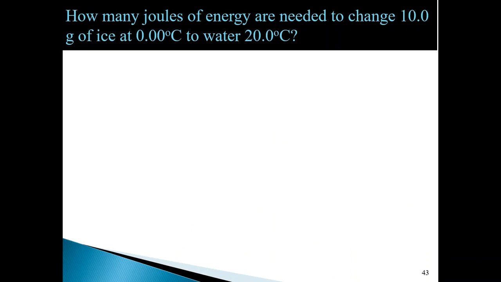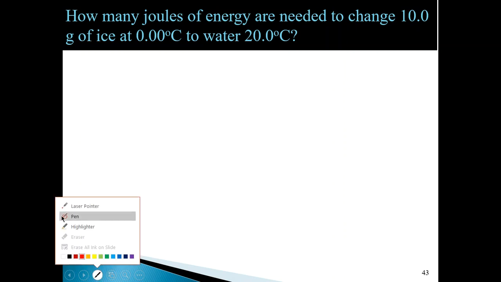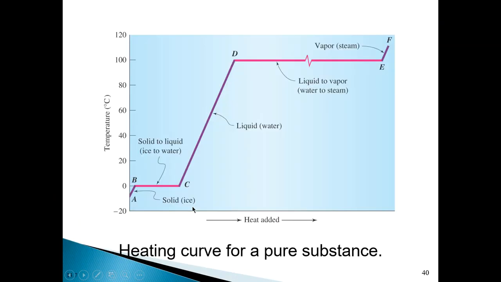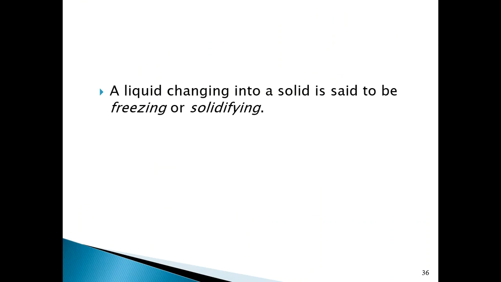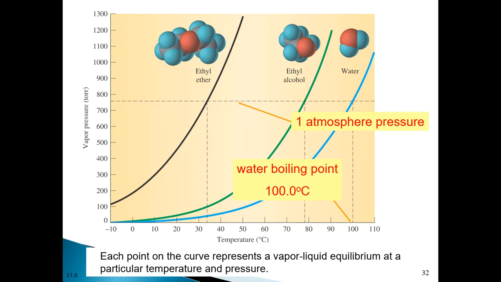Okay, so the question says, how many joules is needed to convert 10.0 grams of ice at 0.00 degrees Celsius to water at 20.0 degrees Celsius? So to do this problem, let me go to the pen function here. Now I need to remind myself of what the heat of fusion of ice is.